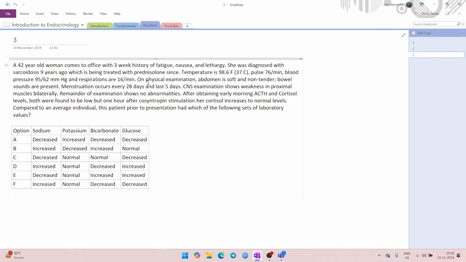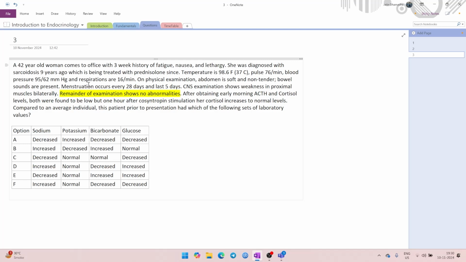Let's see this. The remainder of the examination shows no abnormalities. Now, this line is very important. Do not dismiss these lines. Sometimes the answer to your questions, when you are stuck between two options, will come from lines like these. These are called negative lines. They are not confirming anything, they are just saying that everything else is normal. So, that is also important.